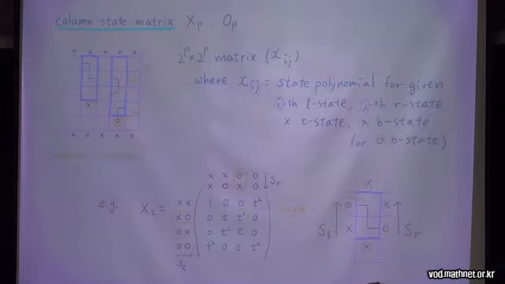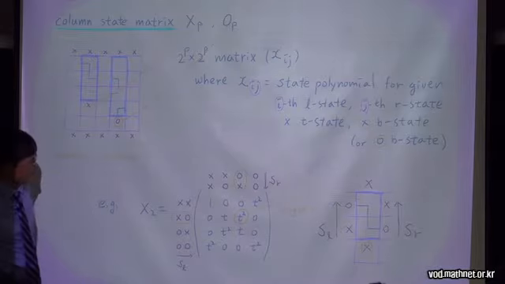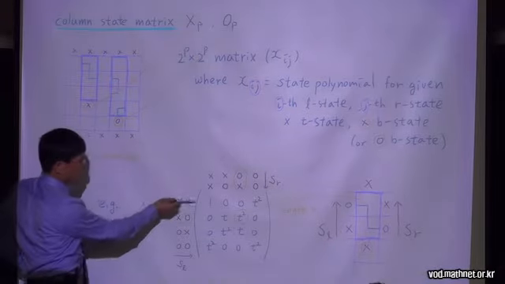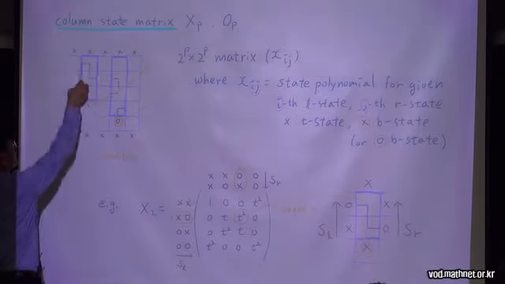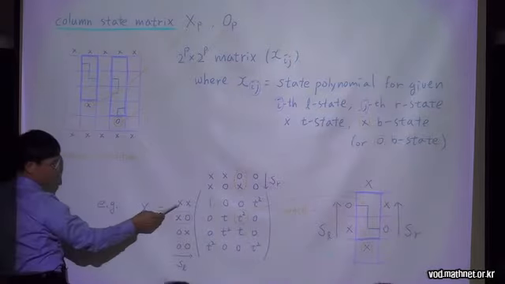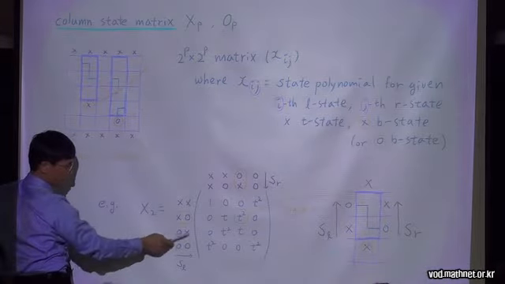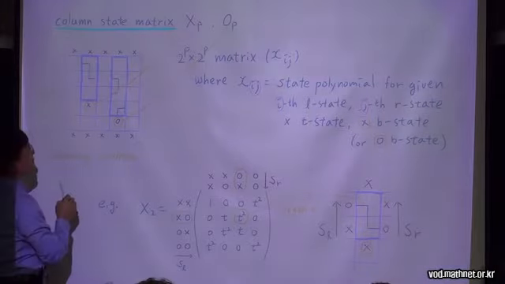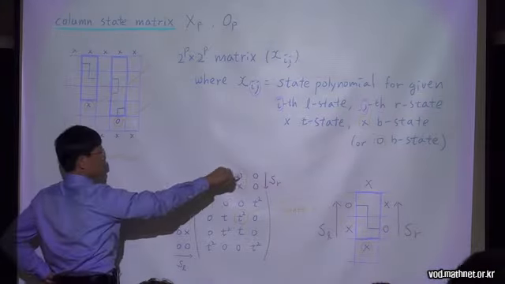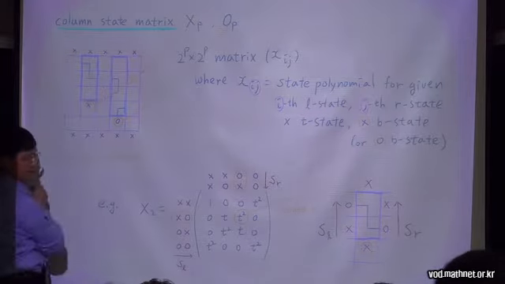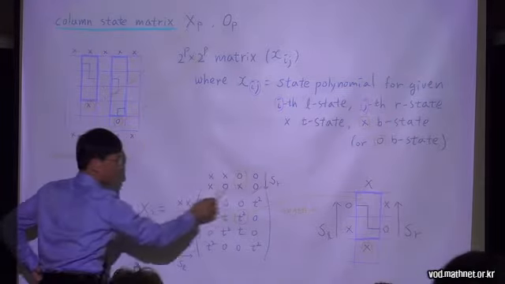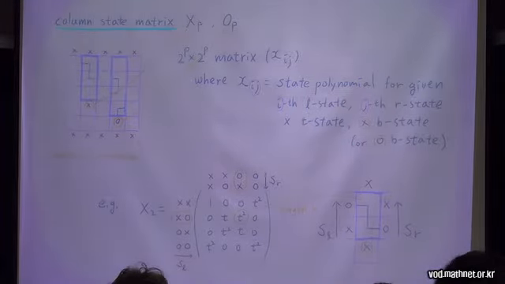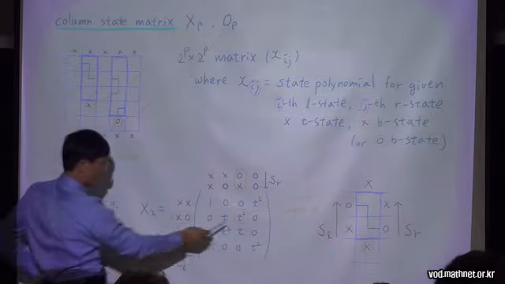Here's an example of X2. Each row indicates the left state: the first one is XX, XO, OX, and OO. And the columns indicate the right state, so we have another 4 choices here. Just think about one entry here.